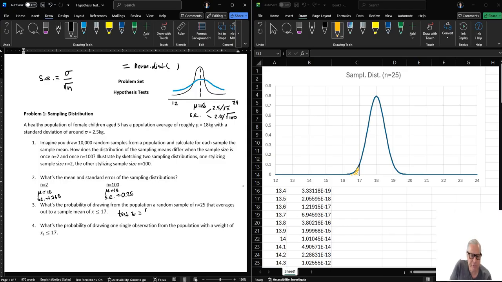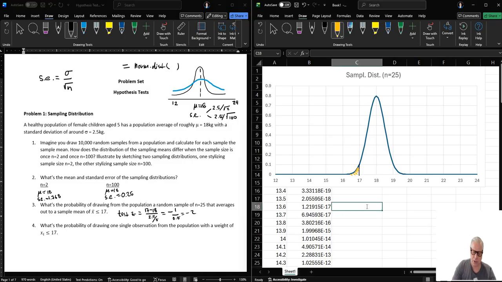Well, that is 17 minus 18 divided by the population standard deviation, 2.5, over the square root of 25, which is 5. So that becomes -1 divided by 0.5 or -2. So I need to find in the z distribution the area to the left of -2.